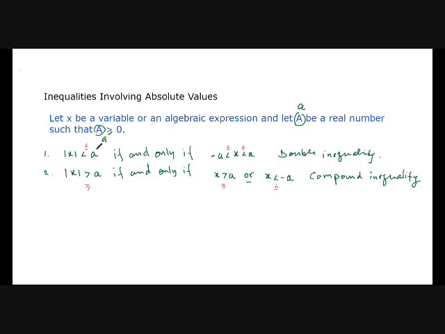You can apply the equal sign for any case. Now, this is the definition of absolute value. We have two cases: absolute x less than or equal to a, and absolute x greater than a, or with an equal sign also.